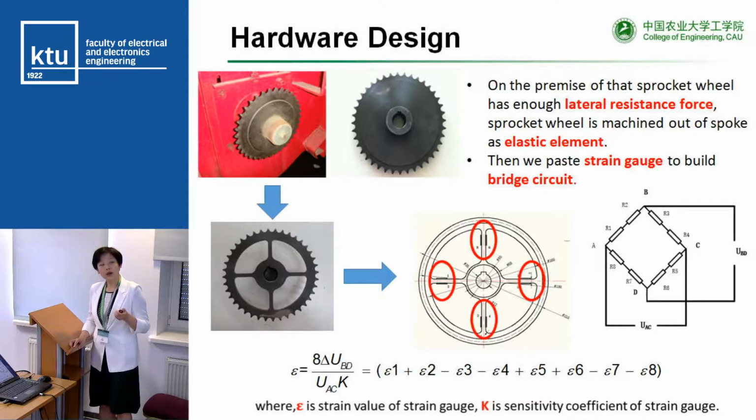As the sprocket wheel has enough lateral resistance force, we refit the sprocket wheel, and it looks like this, to make it an elastic element. We paste the strain gauge onto this part to build a bridge circuit.